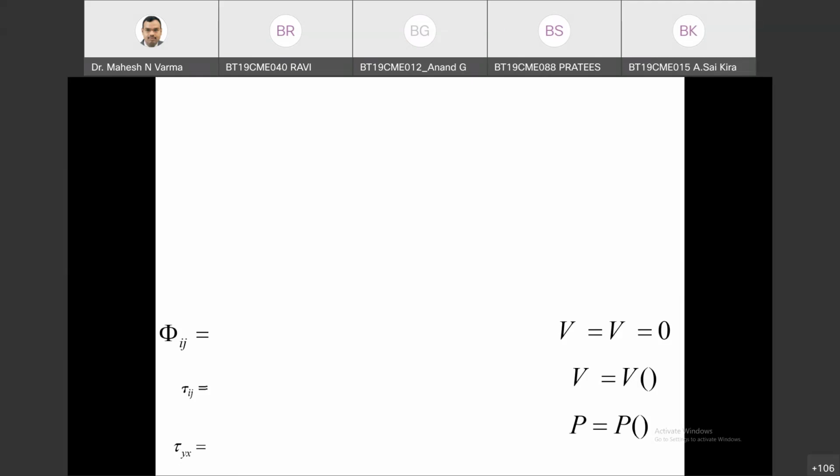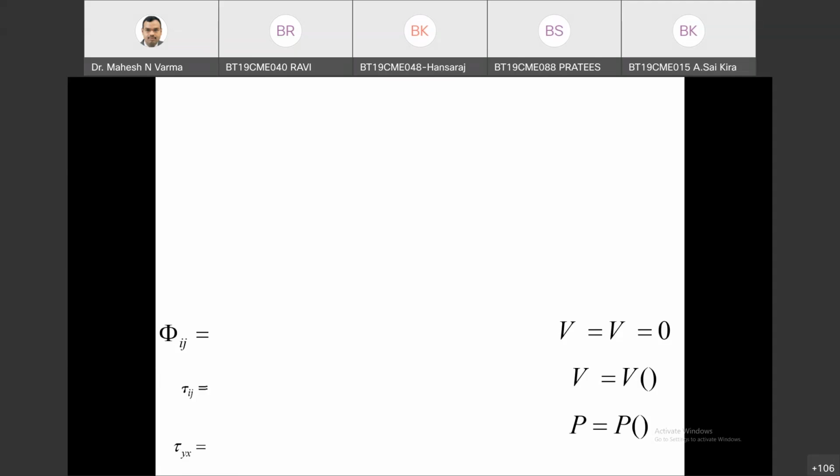Roll number 48, Hansraj. What is tau ij? Sir, tau ij is the shear stress, the flux due to conductive flux. What is the generalized equation for tau ij? Sir, it consists of two terms.